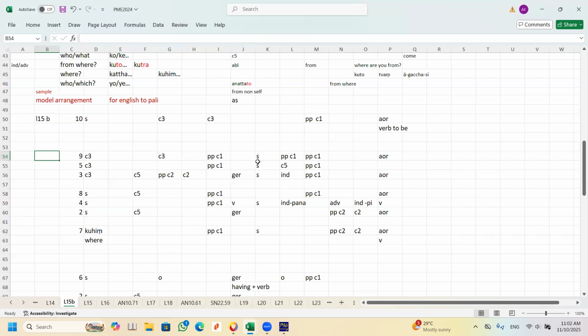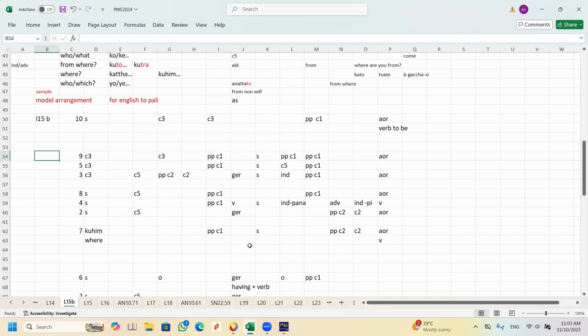When there are two past participles, maybe one goes in front and one at the back, or three, whatever. And if you observe carefully, the verb will always be last, most of the time. Of course, there are cases where the verb can be somewhere else, but most of the time this is going to be the structure.